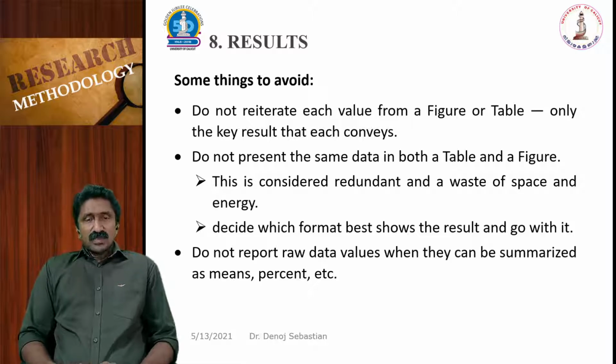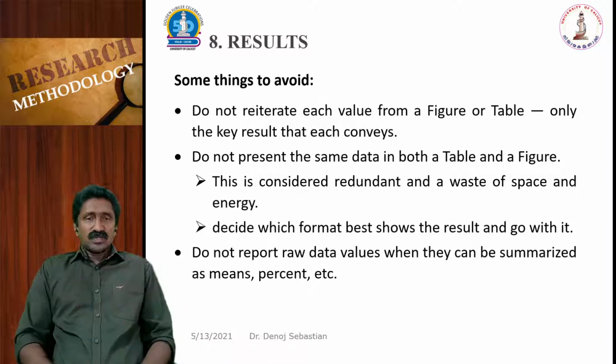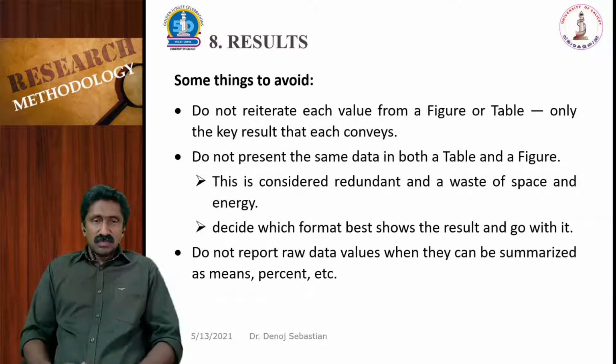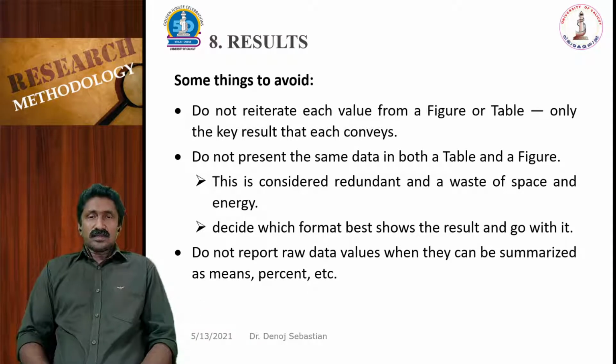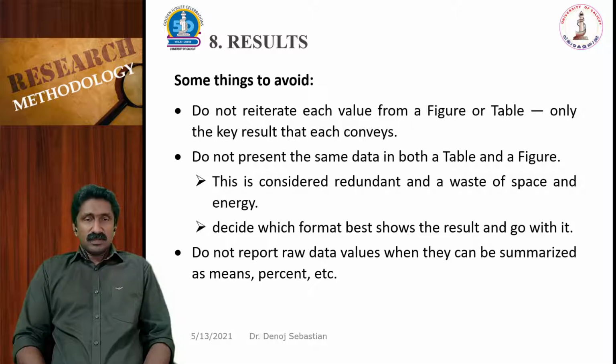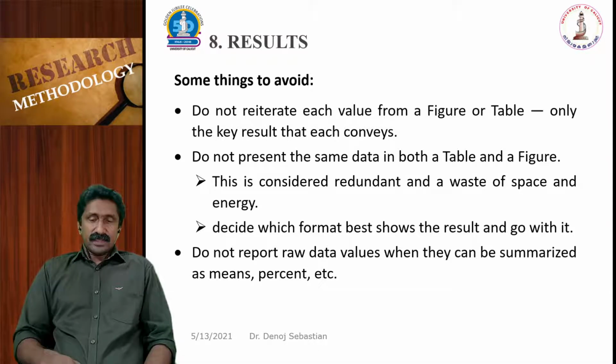So in that case, you have to summarize the results. You can group the results and take the means and percentages, etc. So the entire data will be consolidated into a single simple table or a graph. You have to summarize the data in a paper instead of presenting the raw data as such.